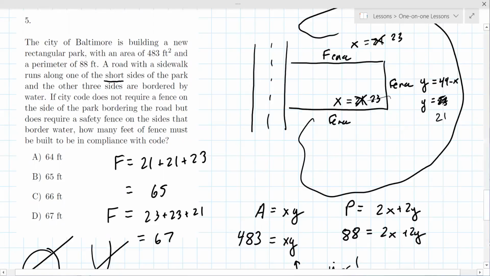It's y. So if y is 21 and this is 23, does that work? That works. This is good. Yeah, it's 67. But 23 and 23 does not work. So you have to be very careful, because even if you get the right answer, you might have missed a little piece.